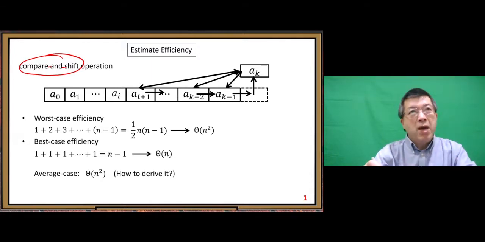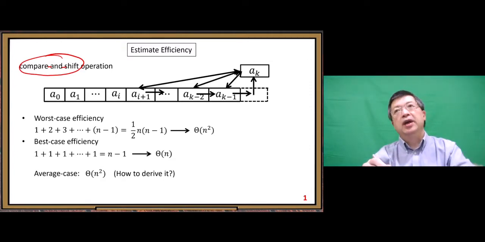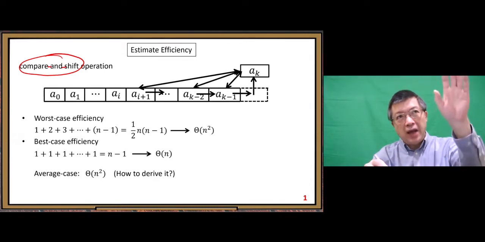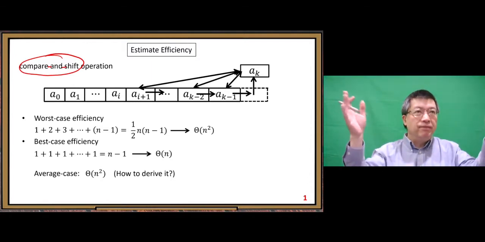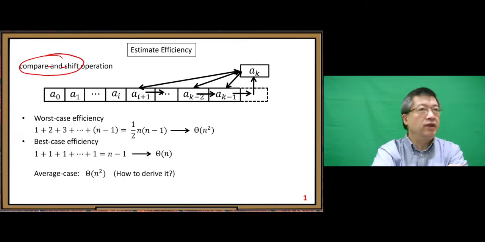If you still remember, in our previous video, 8.2, we did the average case cost analysis for the insertion operation. We can use that, so we do not need to repeat that whole analysis process another time.